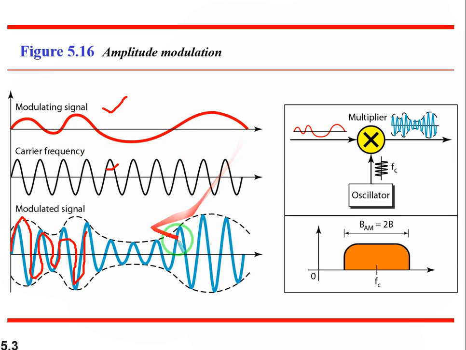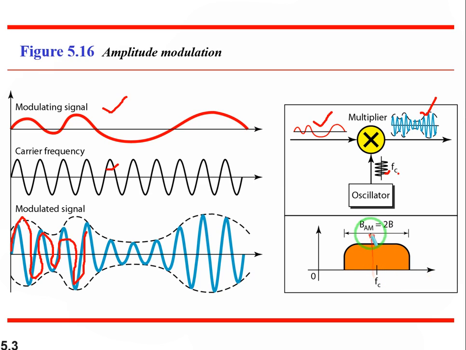As a result we have an amplitude modulated signal. So you have a signal, a multiplier and an oscillator that provides the carrier to multiply with, and the result is an amplitude modulated signal, because the amplitude is changed.